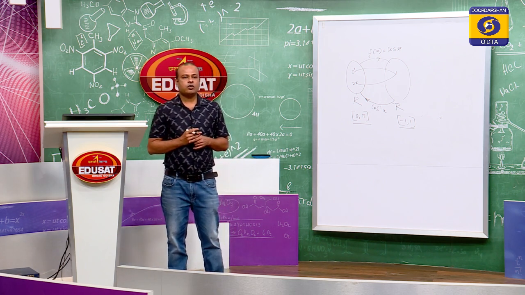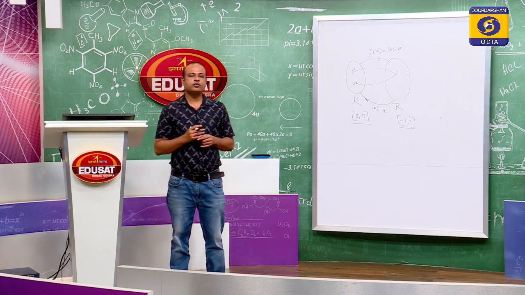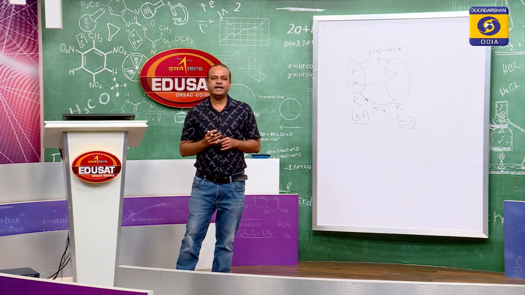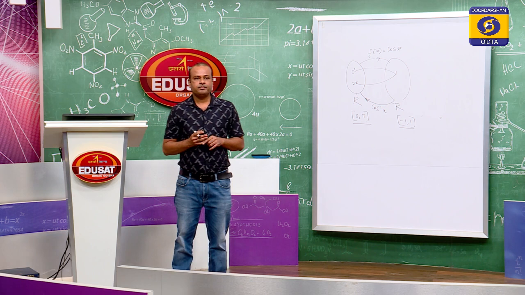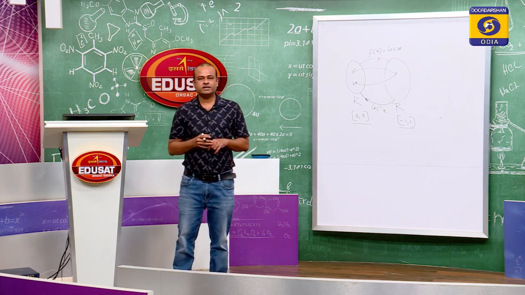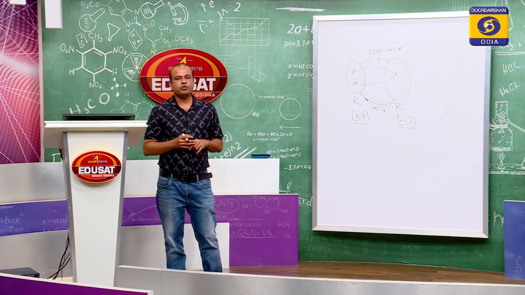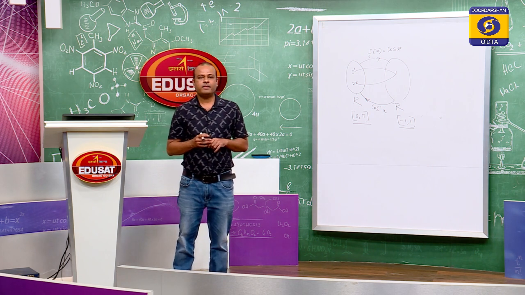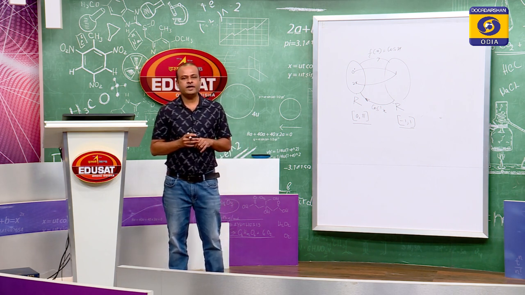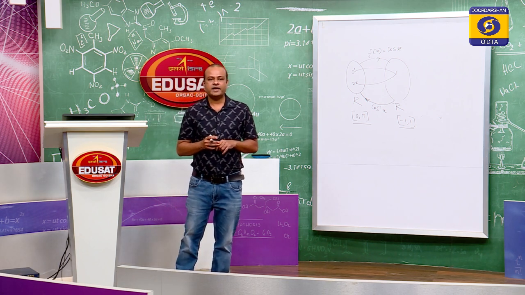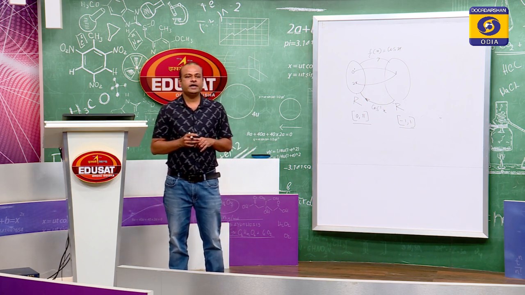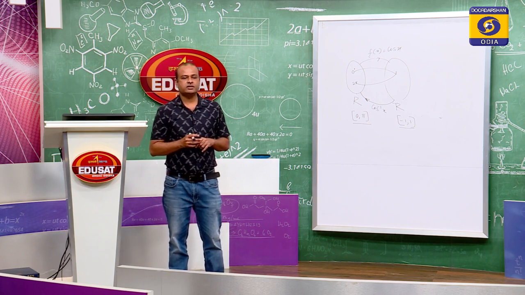Similarly, cot inverse x, its domain is R and range is the open interval of 0 to pi. Likewise, sec inverse x, its domain is minus infinity to minus 1 closed union 1 to infinity, and range is 0 to pi minus pi by 2, because sec x does not exist at pi by 2.